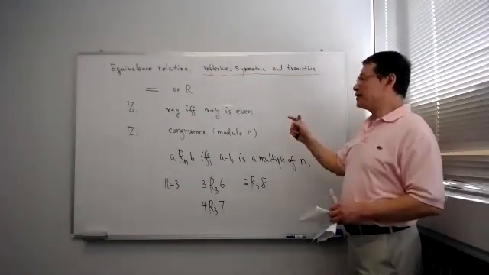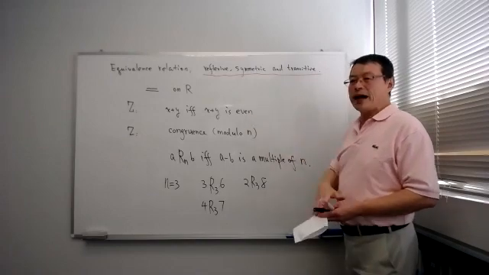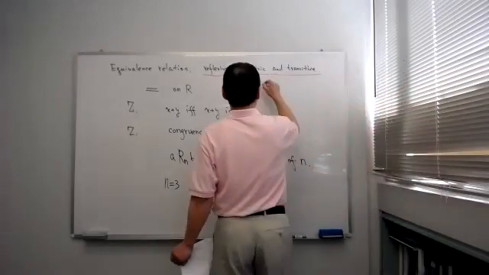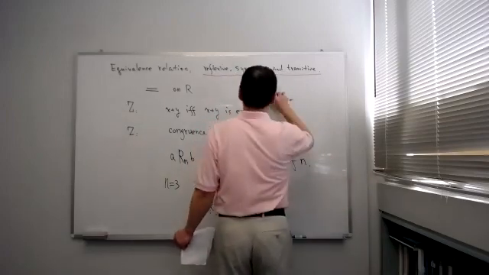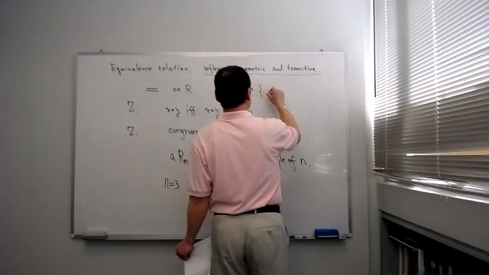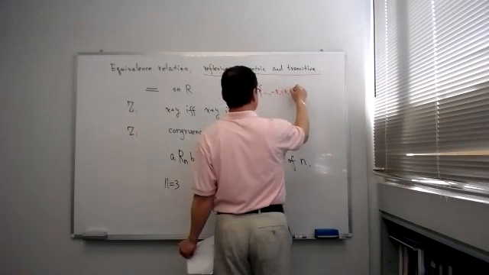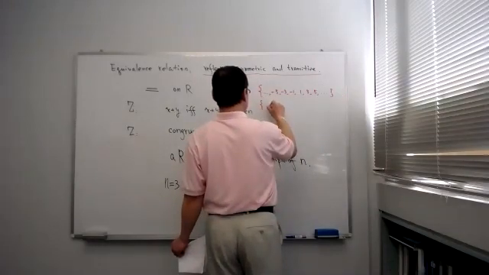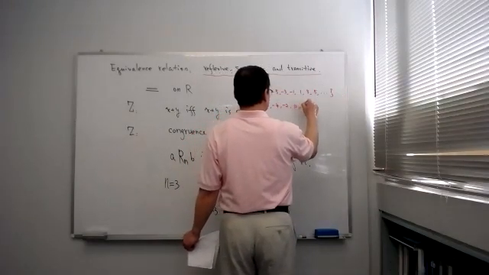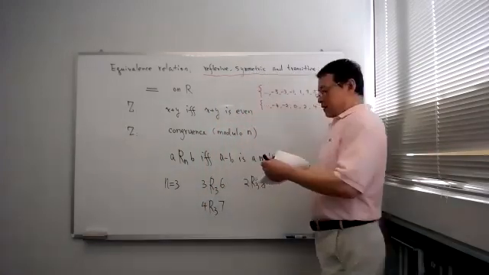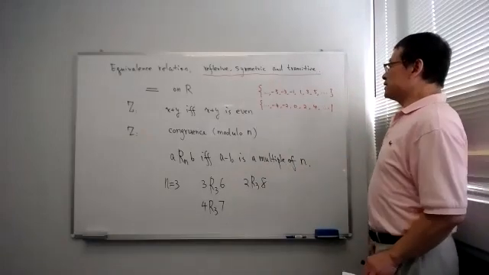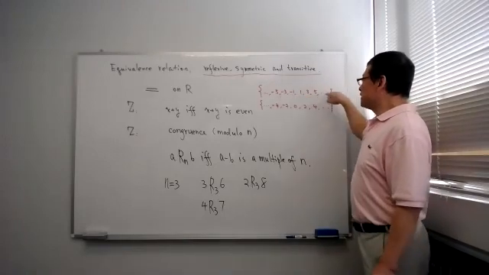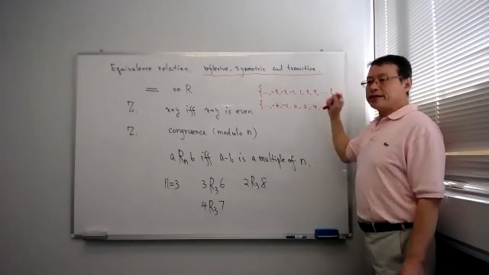If we consider all integers, this one partitions the integers into two parts, namely odd numbers and even numbers.